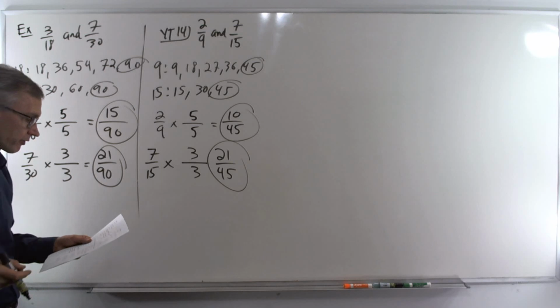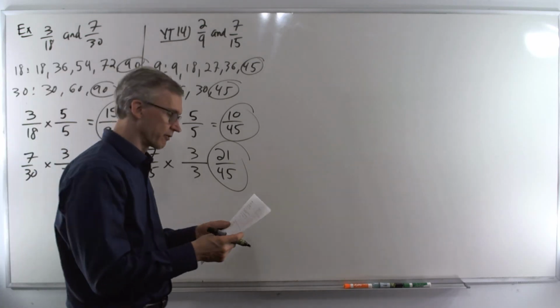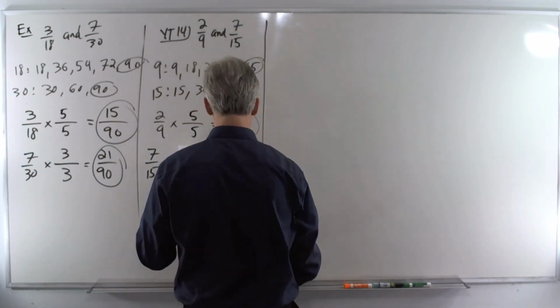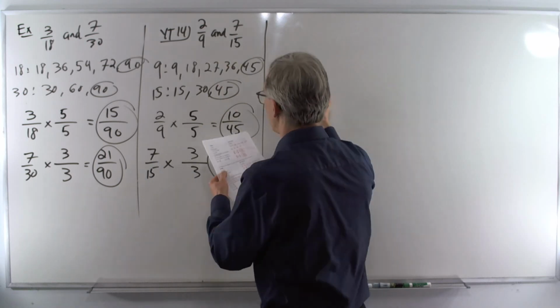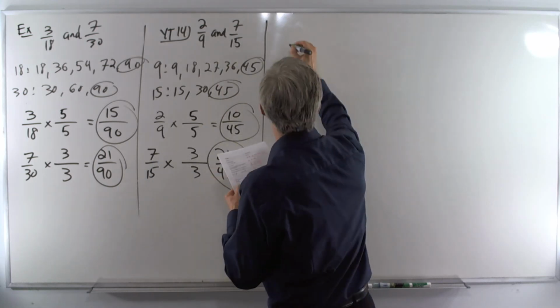Now, just like we saw before, this technique can be applied to any number of fractions. So we're going to do a couple with 3 fractions. 5/6, 2 ninths, 7/12.